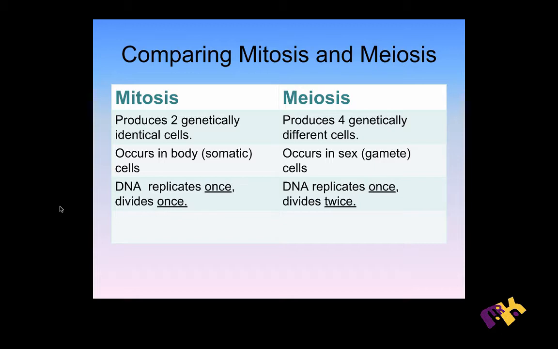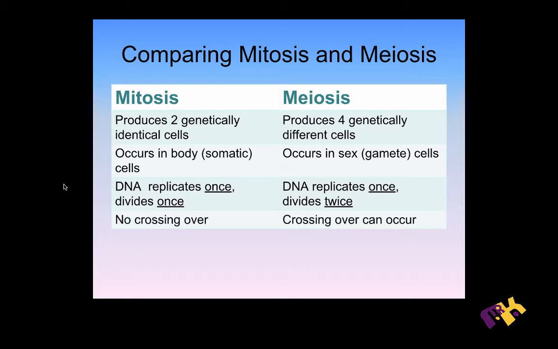And then DNA is going to replicate once and divide once in mitosis. DNA will be replicated once in S phase in meiosis, but then we go through 2 cell divisions. And finally, in mitosis, there's not crossing over, which is a good thing, because if we just want to make another skin cell or another muscle cell or what have you, we do not need to be recombining the DNA to do that.